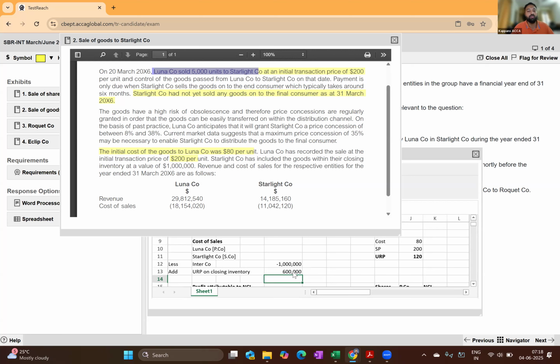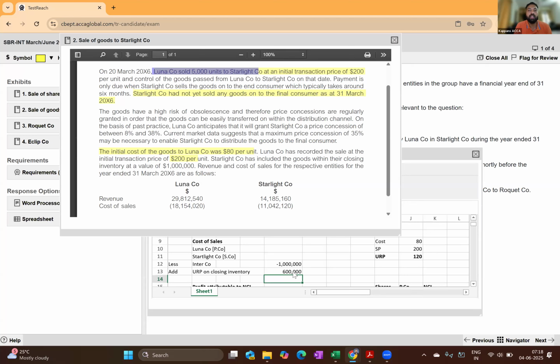There's a format of cost of sales: parent company cost of sales, plus subsidiary company cost of sales, minus intercompany purchase, add unrealized profit on closing inventory. And if the question asks you to include anything else like depreciation or amortization or any other expense in cost of sales, you'll have to include that as well.